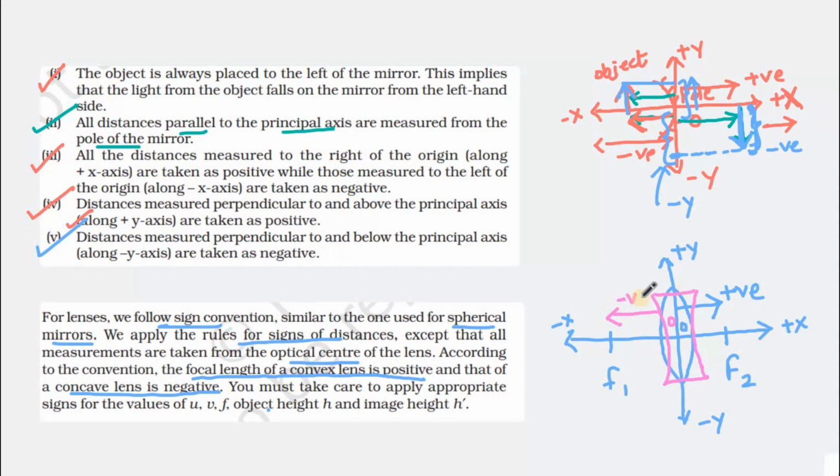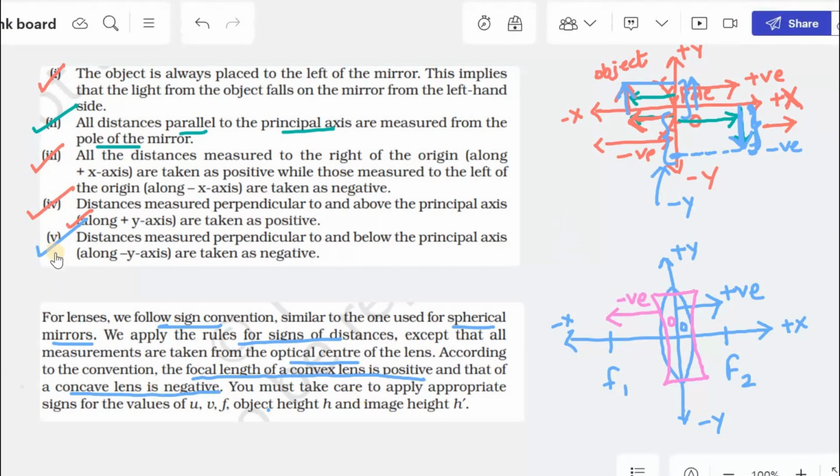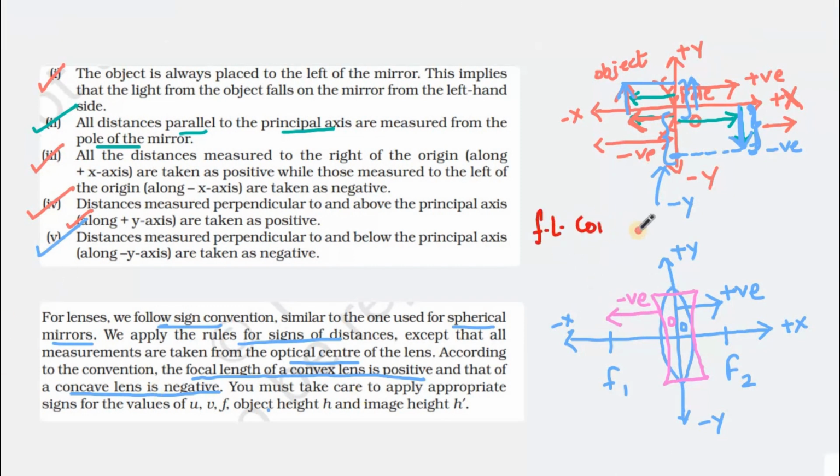So if we summarize it, the focal length of a convex lens is positive and the focal length of a concave lens is negative. So now we are clear with the sign convention.